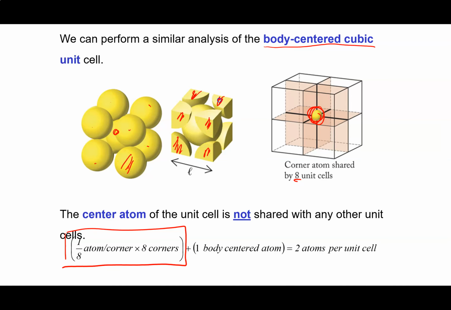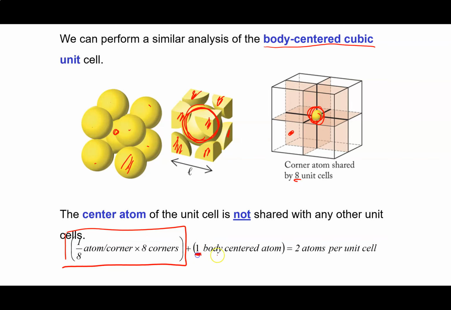Now we need to think about that atom in the middle there. Can this atom in the middle be shared with any other unit cells when we start stacking these unit cells? The answer is no. It's completely contained within a single unit cell, and when we stack them together, it's not going to be shared with any other unit cells.